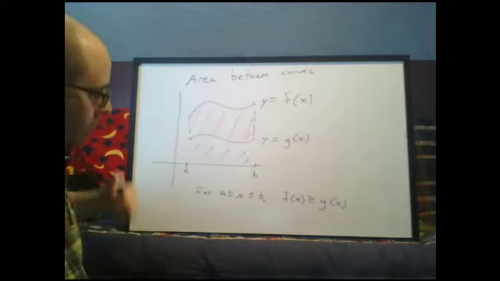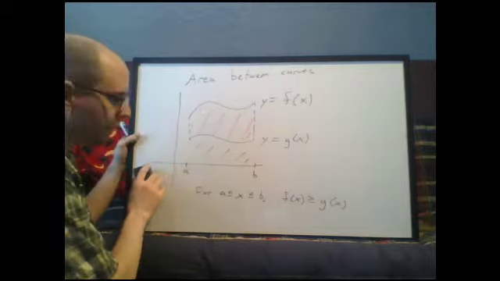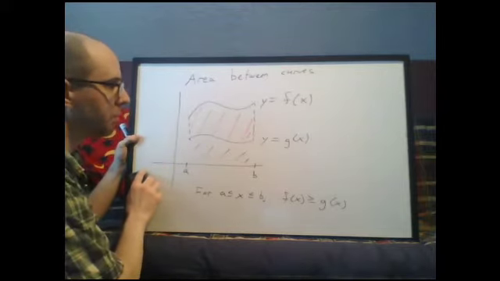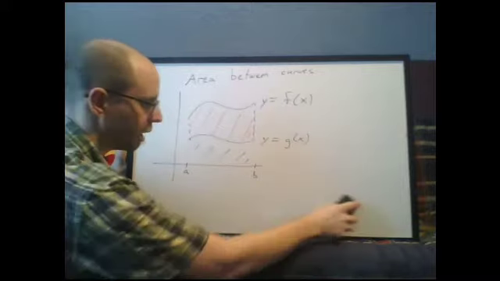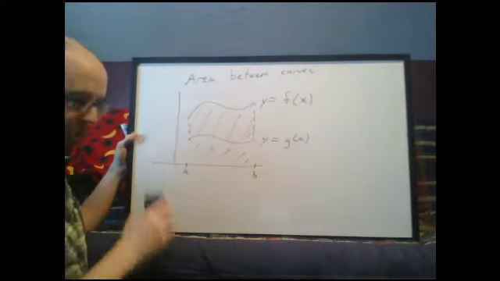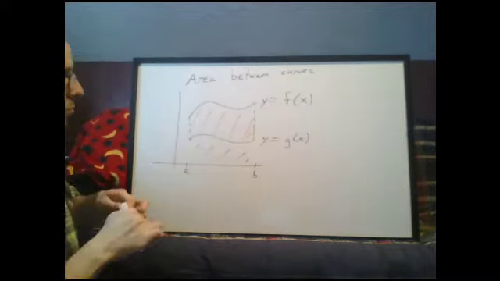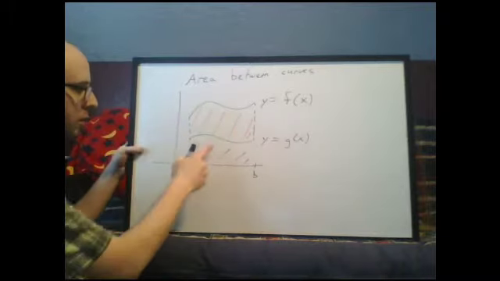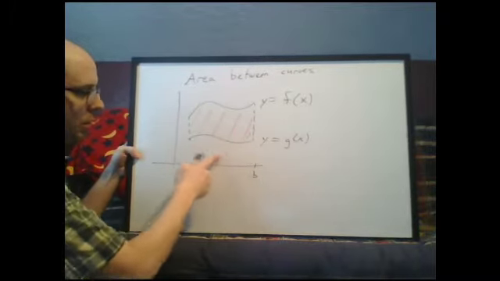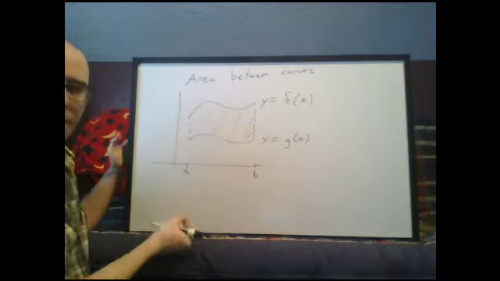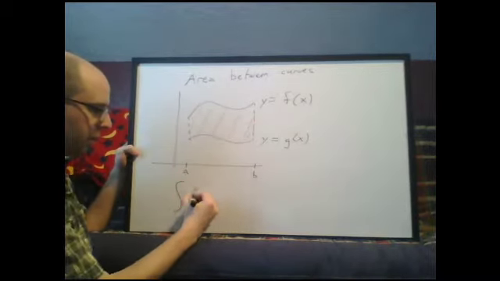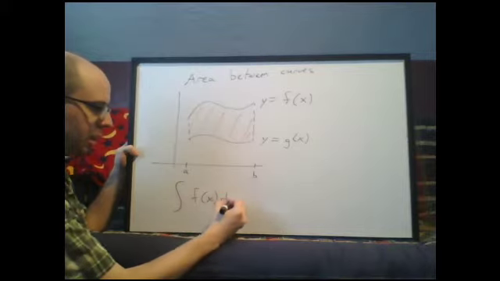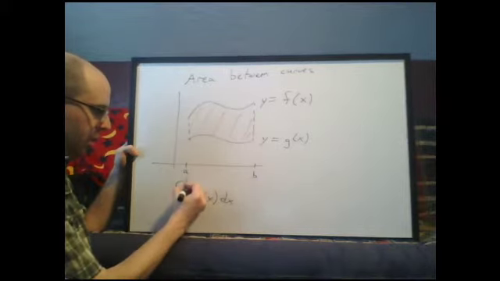So therefore, I have to erase the picture now. The area between, well, I can keep the picture for the moment and write it down here. The area between the two curves, if I erase this shading, the shaded area now would be the integral of f of x dx from a to b.